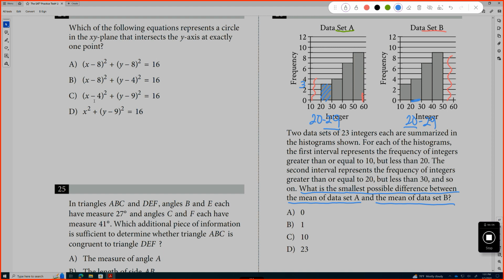What this means is that I have 3 values that we're going to use 20 for, for data set A. We need to use the lower values of each bar on the histogram. So I have 3, this is a 4, then we have 7.